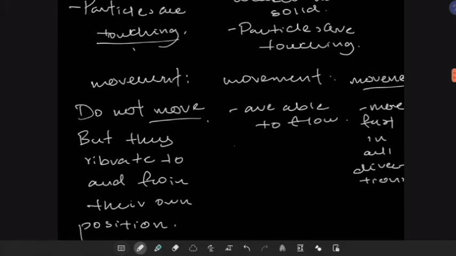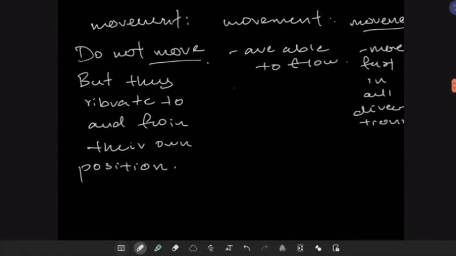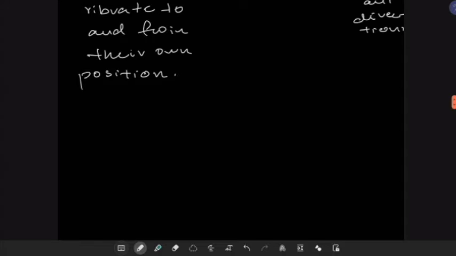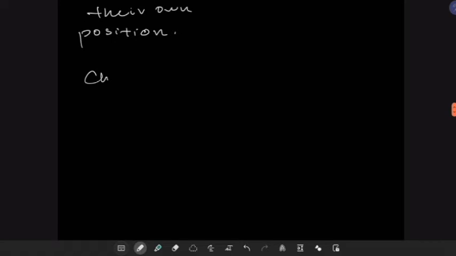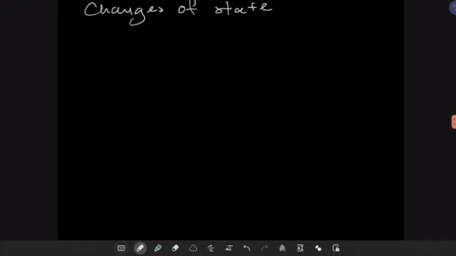Now that we understand the key concepts of the three forms of matter, I will move on to the next topic, which is the changes of state. When you learn about changes of state, we try to grasp the concept of the changing of matter from one form to another form.